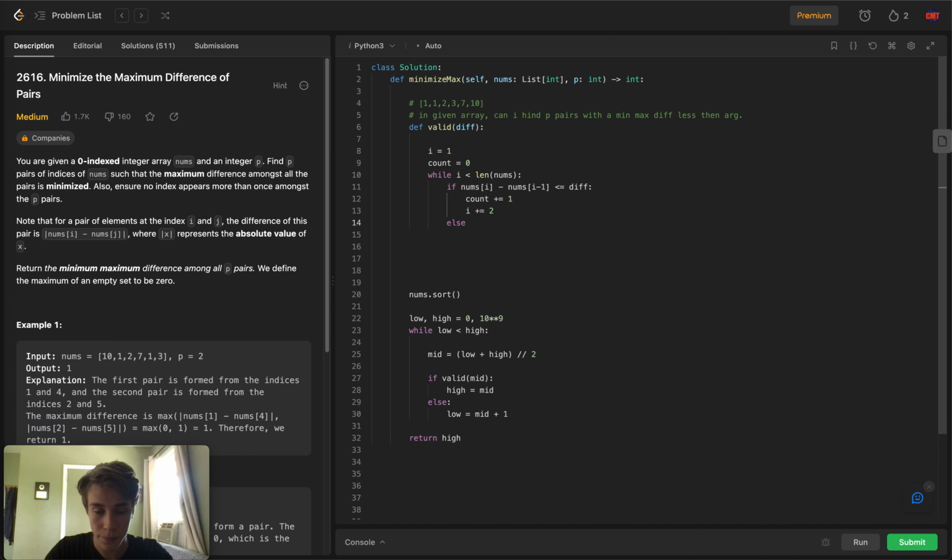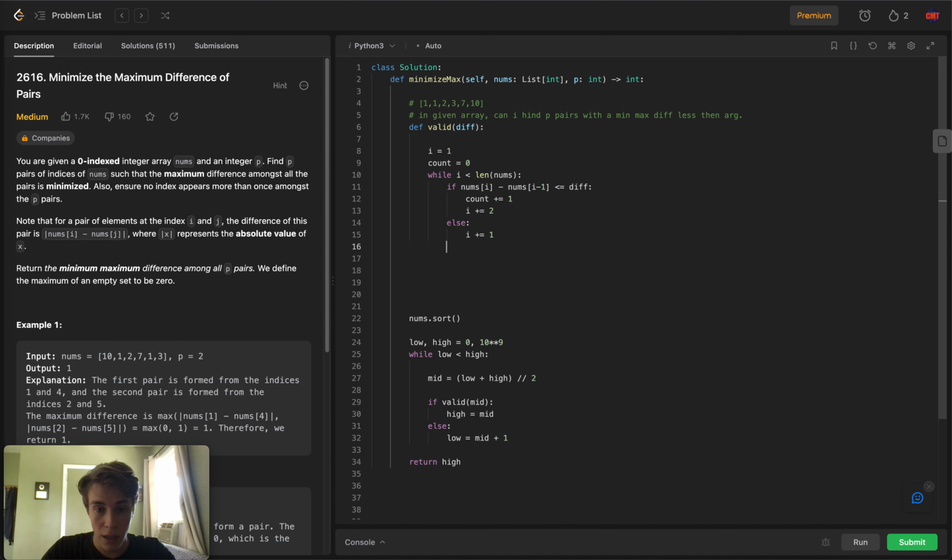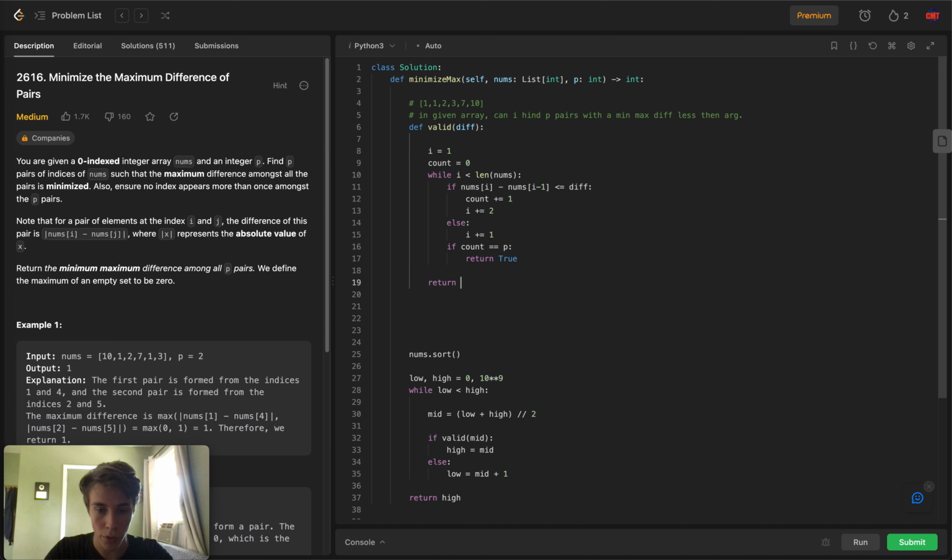And else I don't increment count, and I simply increment to the next integer that I'm going to be looking at. And finally, if count is greater or equal to p, return true, else return false.